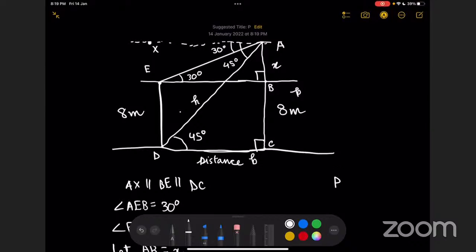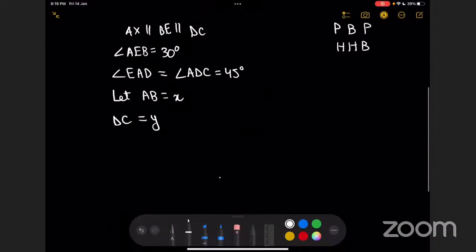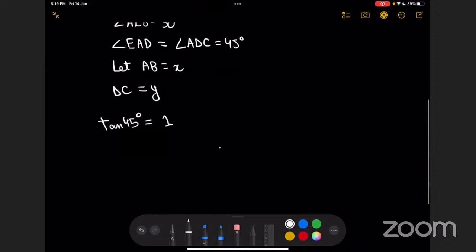So we know the perpendicular, that's 8 plus X, and we don't know the base. The base is Y. So tan 45. Actually, make a small t. Tan 45 equals 1.